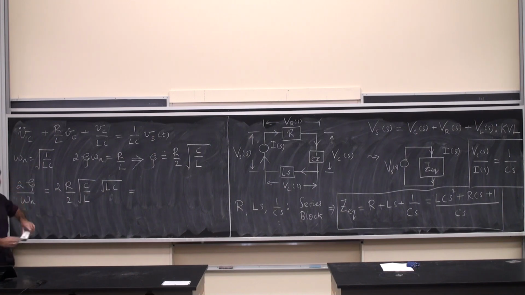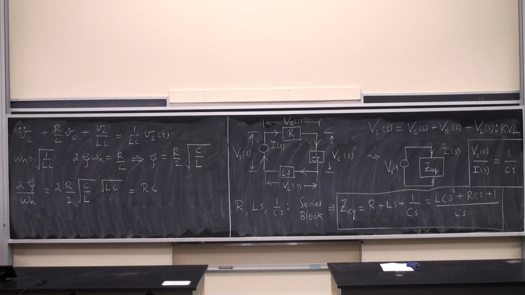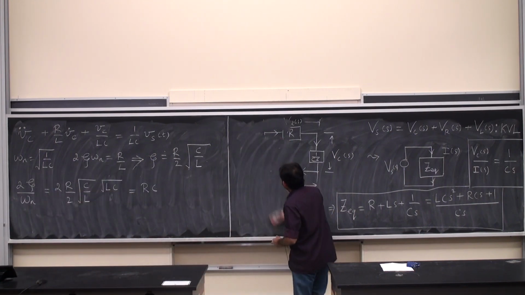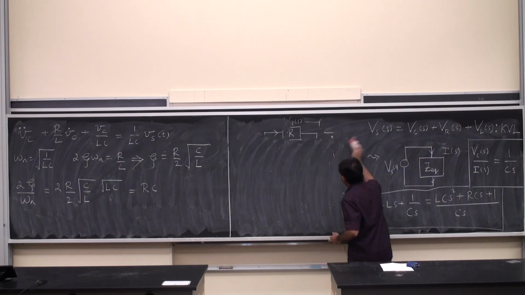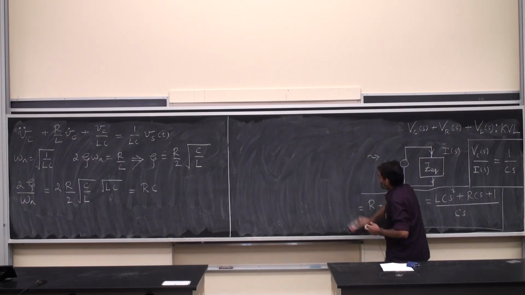Square root of C multiplied gives me RC. This is the third thing I want to write. And I want to see if there are any questions so far.